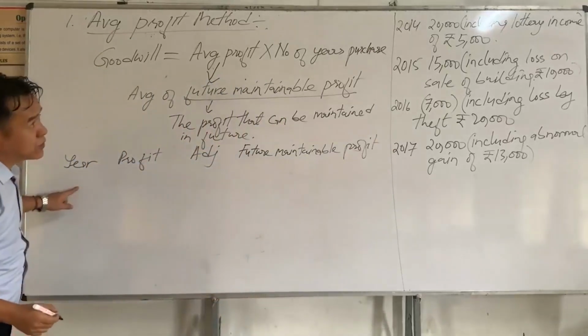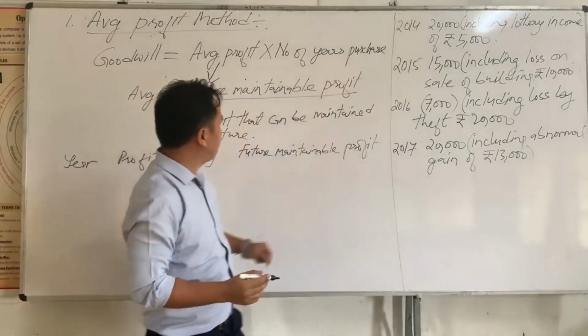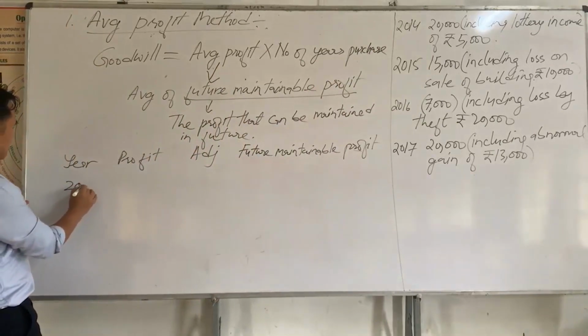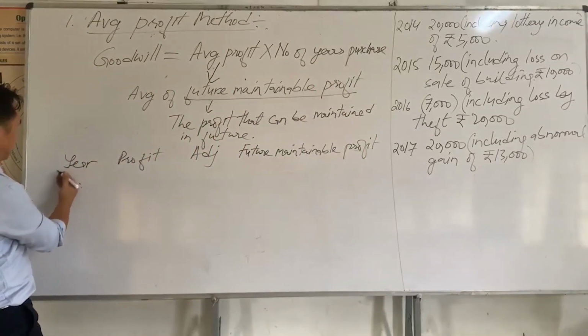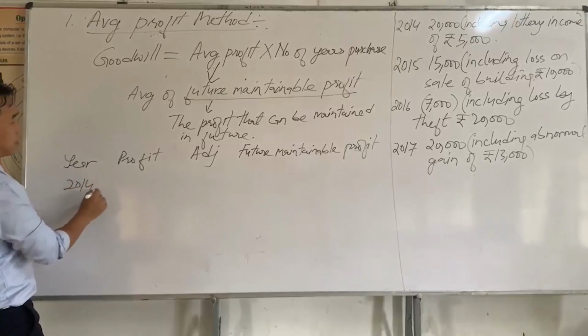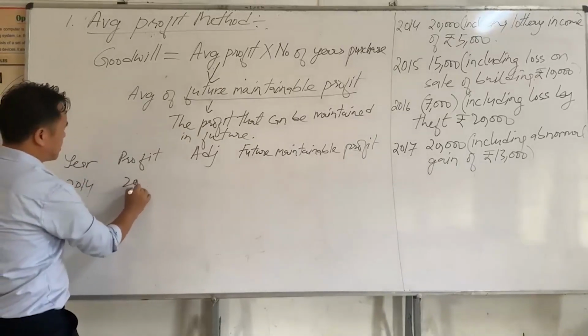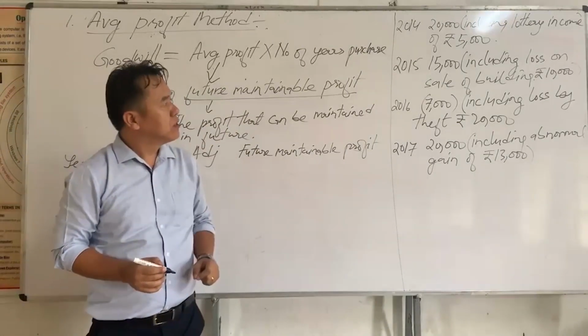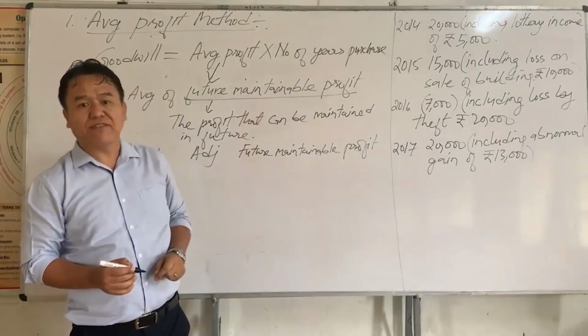In the year 2014, the profit was rupees 20,000, which includes a lottery income of rupees 5,000.